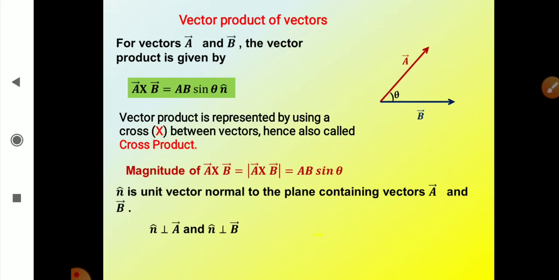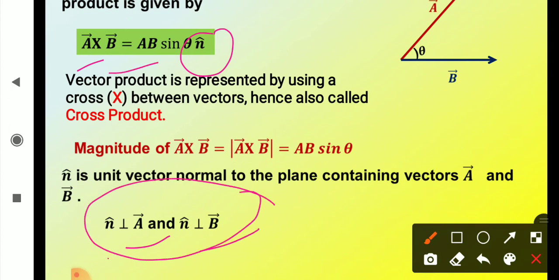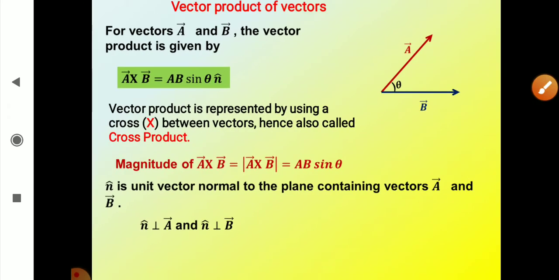Let's see. This unit vector will be perpendicular to vector A as well as perpendicular to vector B. दोनों वेक्टर्स के परपेंडिकुलर होगा और उस प्लेन के परपेंडिकुलर होगा जिसमें कि A और B हैं.